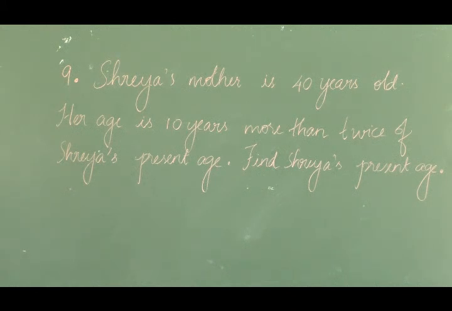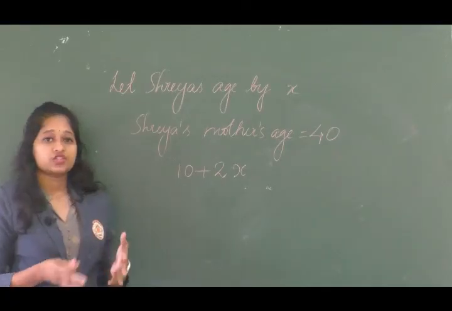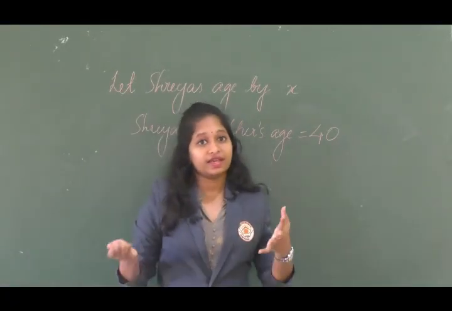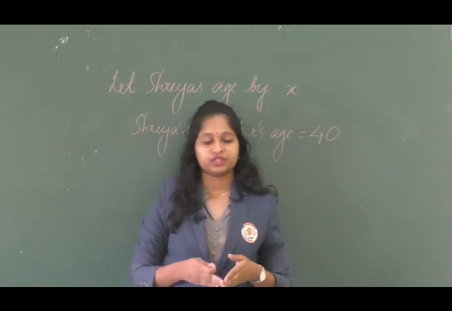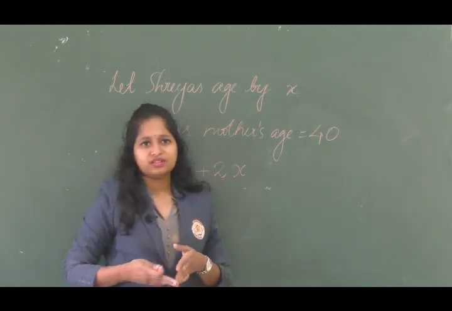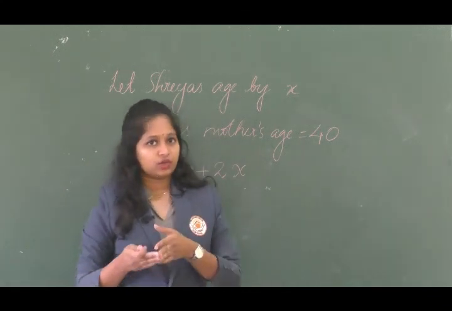Shreya's mother is 40 years old. Her age is 10 years more than twice Shreya's present age. Find Shreya's present age. So children, let's take Shreya's age as x. We don't know the value, so let's take the unknown as x. Shreya's mother's age is given as 40 in the question.